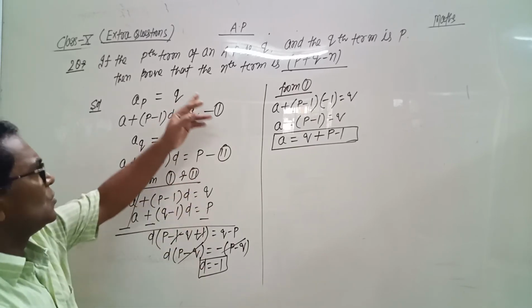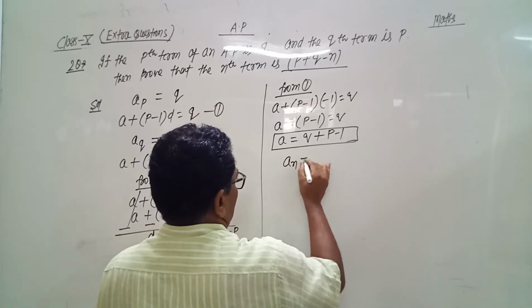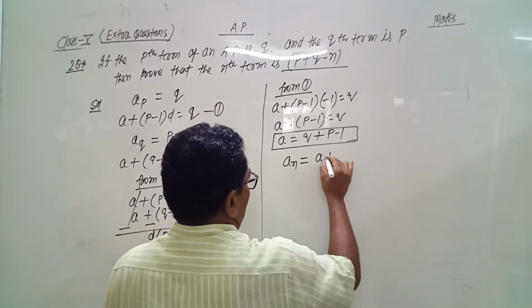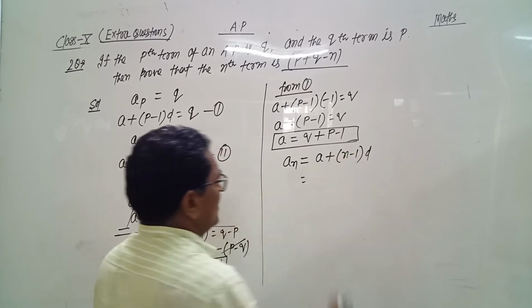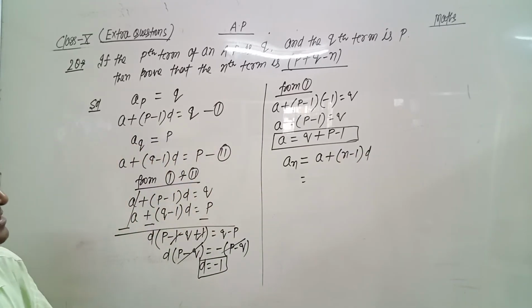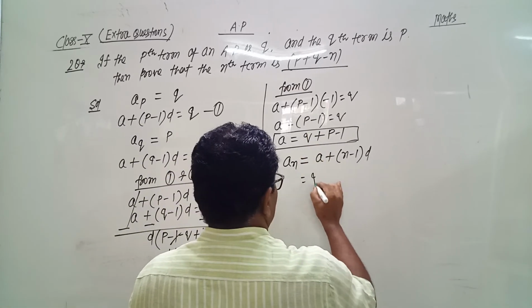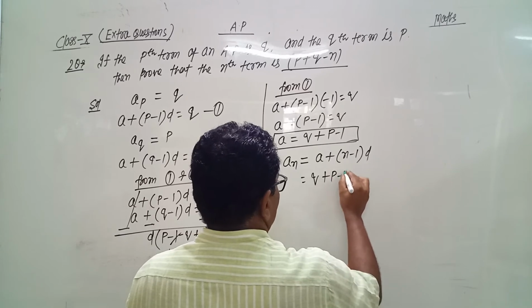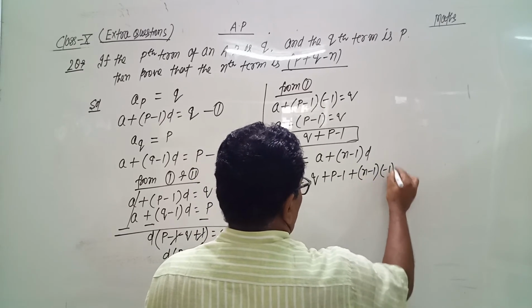Now we have to prove the Nth term. So we find the Nth term. AN equals A plus N minus 1 D. And we put the value of A and D. The value of A is Q plus P minus 1 and the value of D is minus 1.